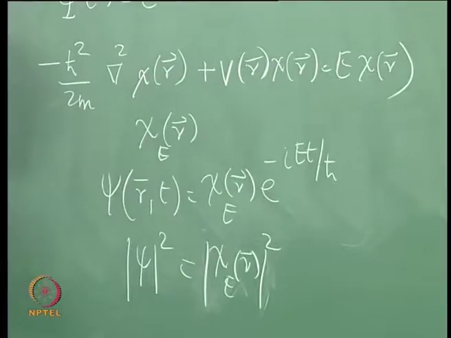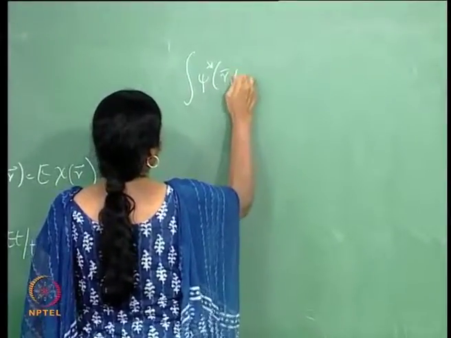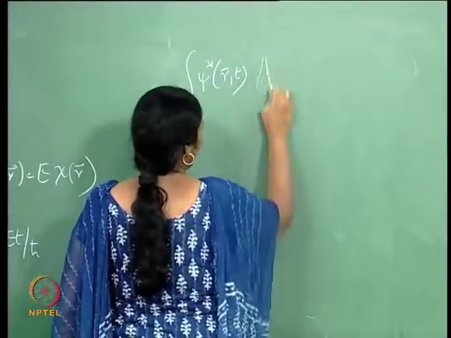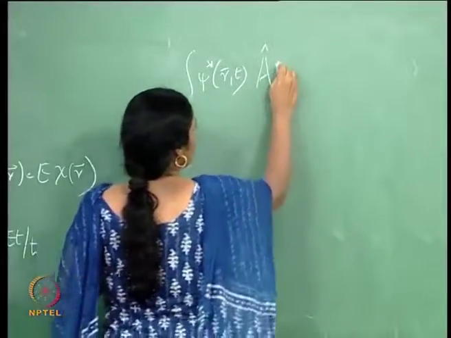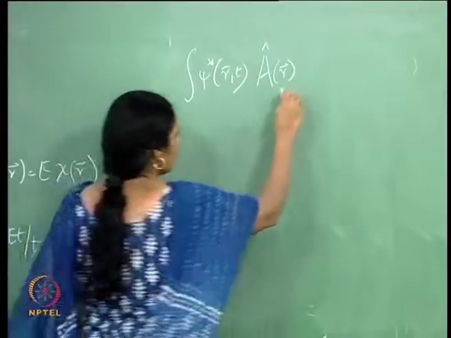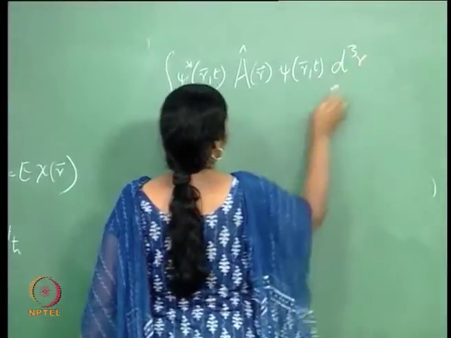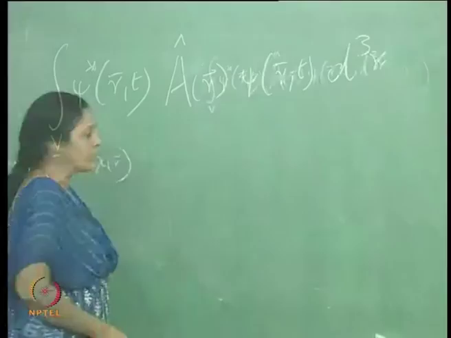Equally true that if I take the expectation value of any operator in the state ψ(r,t), that is like saying ψ*(r,t), the operator, let me say A, which is of course written as a function of r. We will have to write it in the position basis, ψ(r,t) d³r, that is over the entire volume of integration.